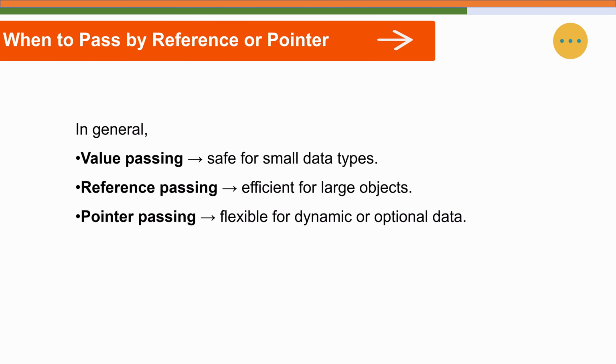Similar to reference, pass by pointer gives the flexibility to handle null pointers and dynamically allocated data. So in constructors, especially the copy constructor, we pass by reference because we need to access an already existing object and we do not want to create another copy of it. Using a constant reference ensures that the constructor only reads from the original while constructing a new object based on it.